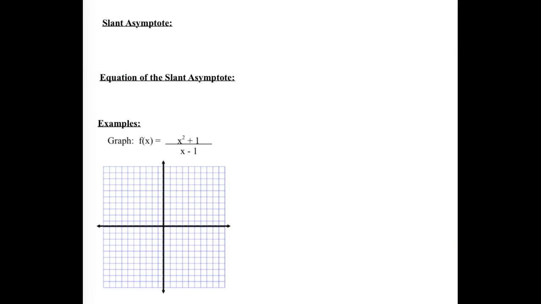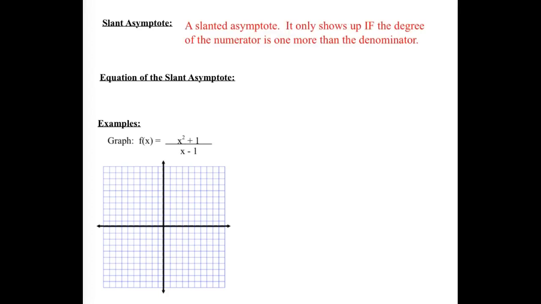The last thing we're going to look at is what happens when we have a slant asymptote. Do you remember the situation that would create a slant asymptote? The degree of the numerator is 1 higher than the denominator's degree. Okay? So a slant asymptote is just a slanted line. So instead of being vertical or horizontal, it's at a slant.